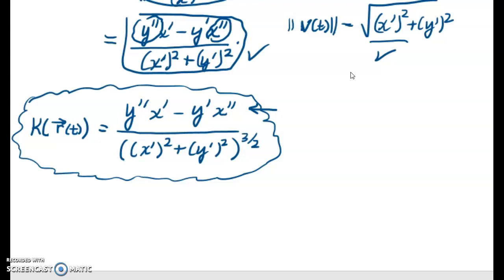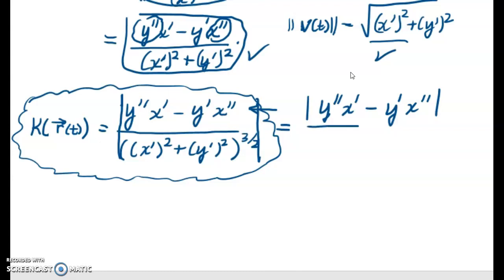So when we make our definition of curvature, we're going to take the absolute value of all this. When you take the absolute value of the denominator, it's not going to change. So really, we're talking about this. The absolute value stays on the numerator because we don't know if it's positive or negative.